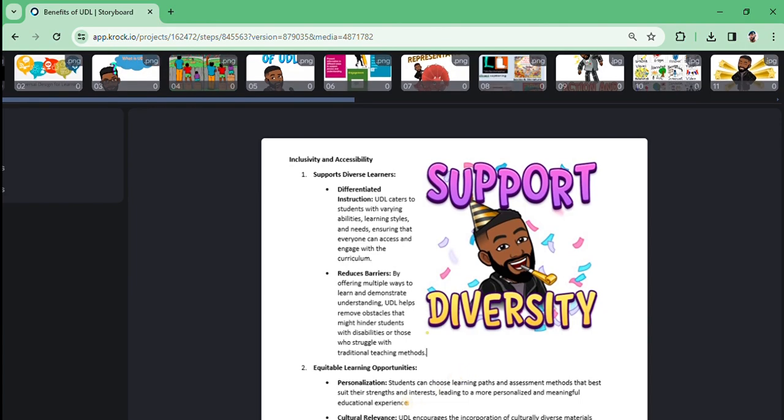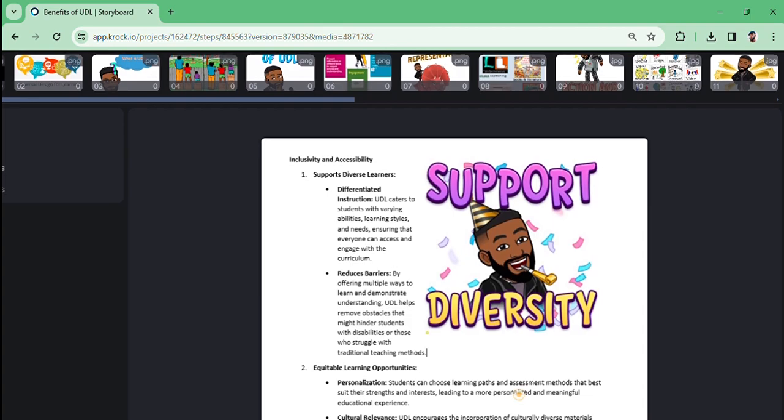It also ensures that we have personalized learning. So students will select or choose content that they're most interested in. So UDL is all about allowing students to have access in learning, right? And they have a personalized, meaningful learning experience.